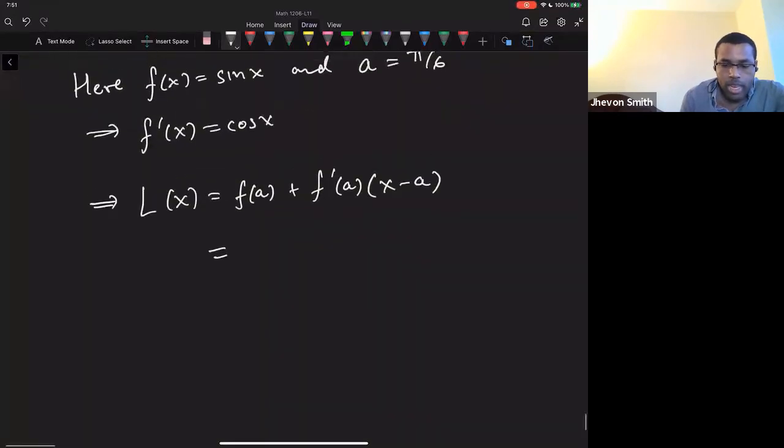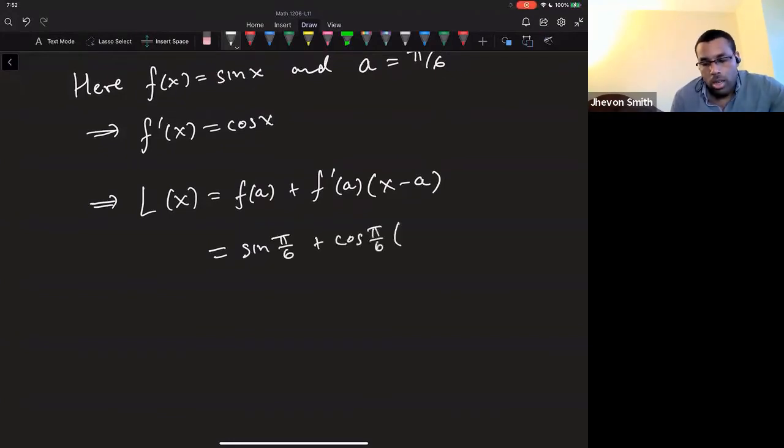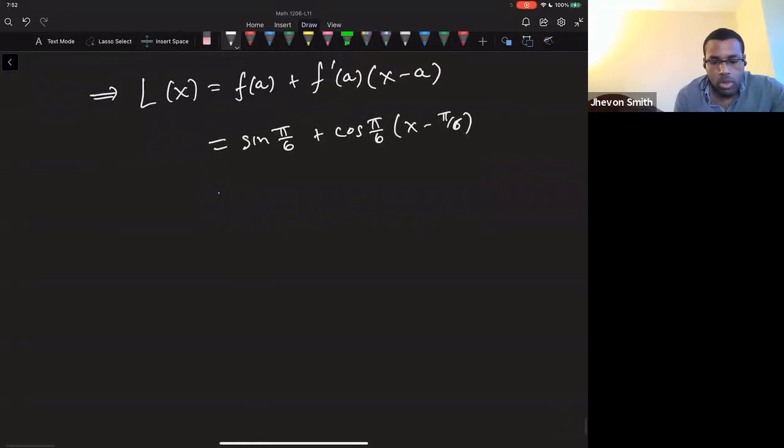So f of a is just going to be sine of pi over 6. F prime of a is going to be cosine of pi over 6. It's going to be x minus pi over 6. Sine of pi over 6 is a half. Cosine of pi over 6 is radical 3 over 2.